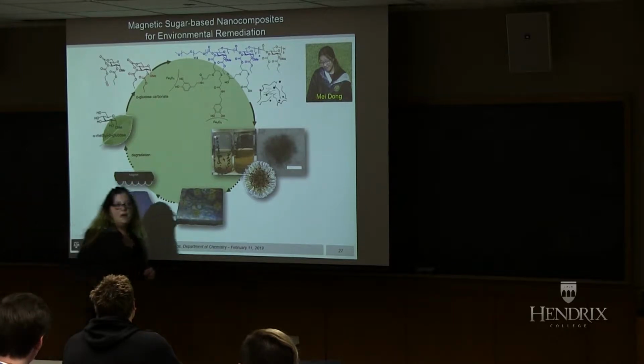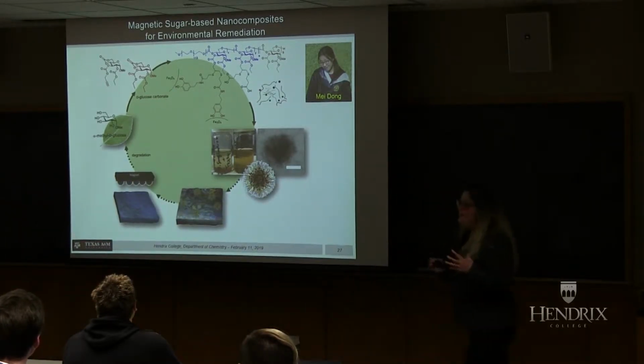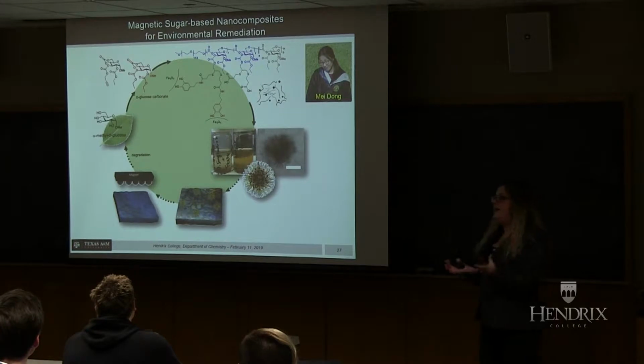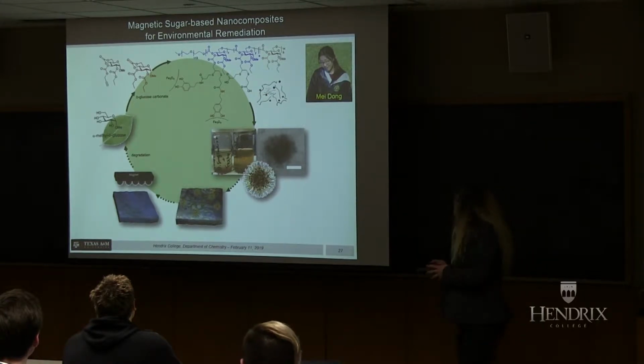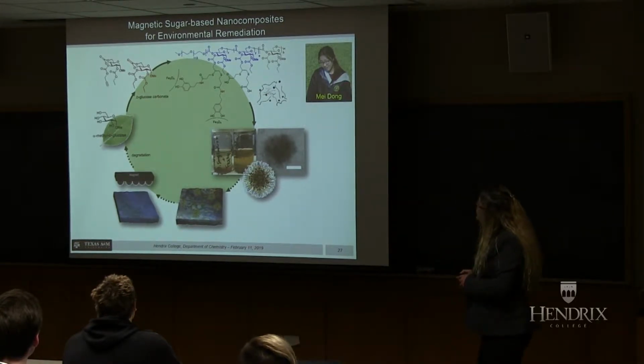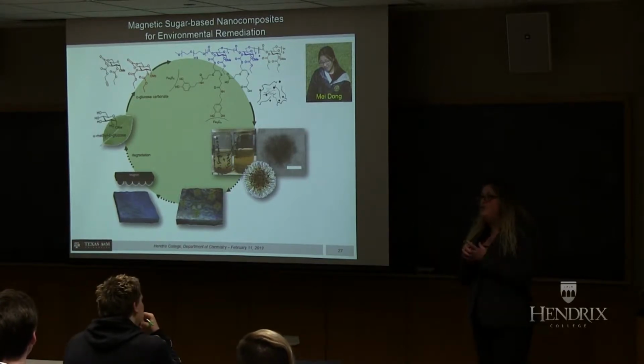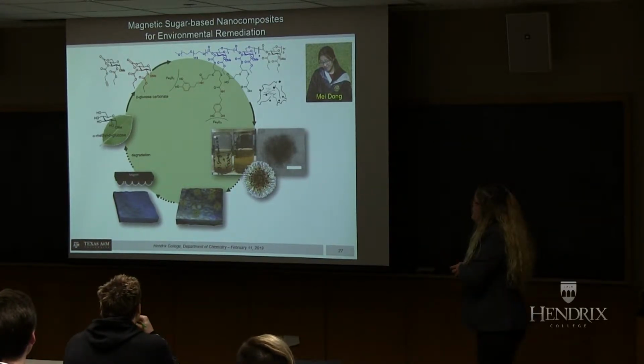Okay, so let me come back to our central theme, which was meant to be those nanoscopic particles that have an organic framework for capturing crude oil, and then inorganic particles to be magnetically responsive. May is the most recent PhD student who's working on this, and she's bringing everything I've told you together into one story, where she's starting with glucose, or in this case, alpha-methyl glucose, and transforming that into a couple of different monomers, and I'll show you the chemistry for that in just a moment, and then conducting polymerization in order to build up this polyglucose carbonate.